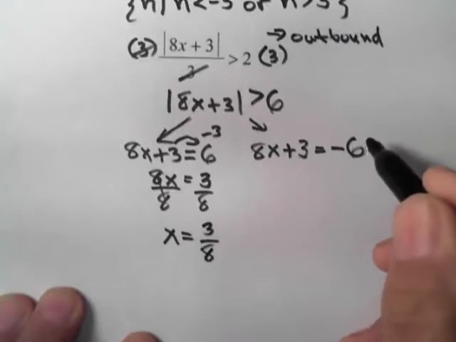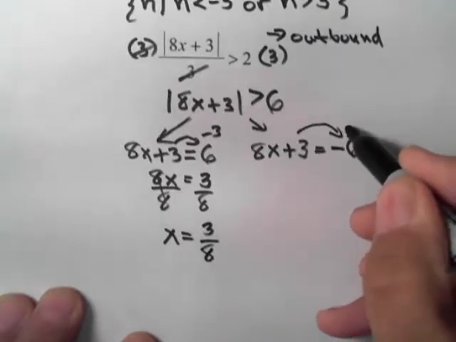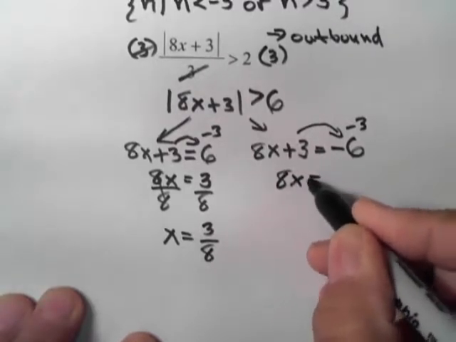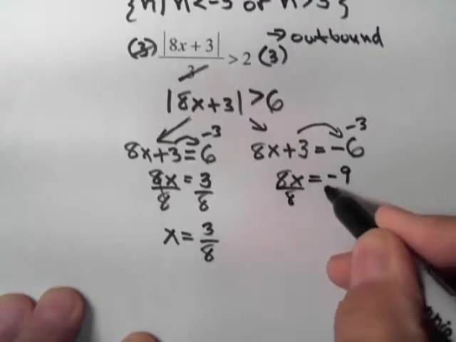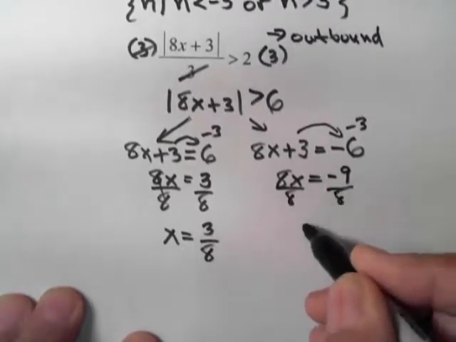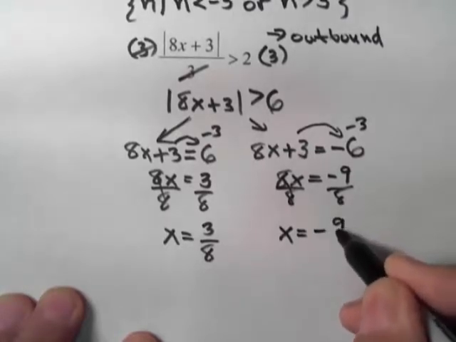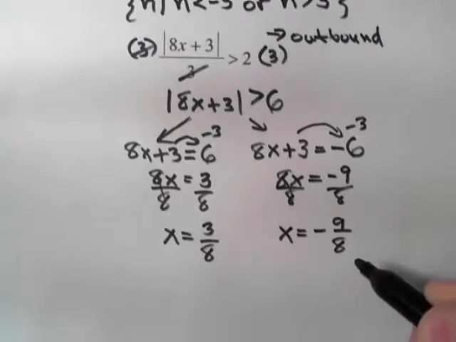Okay, over on the right side, plus 3 goes over as minus 3. So I've got 8x equals negative 9. Divide both sides by 8 again, and I get x equals negative 9/8. Okay, well, there are the 2 boundary points.